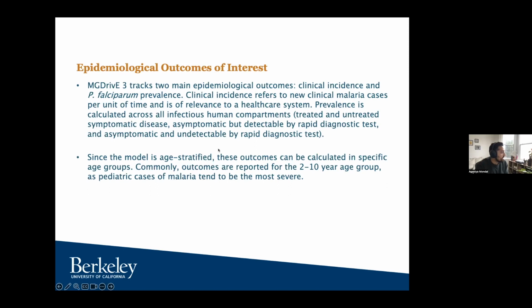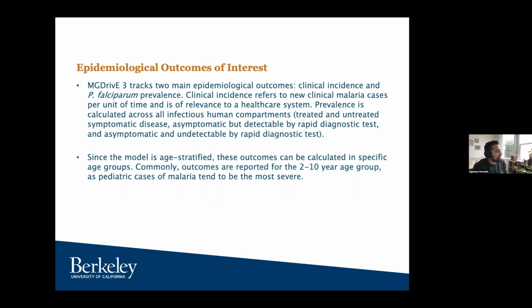And so the previous model just tracked prevalence and incidence using a simple SCIR framework. But here we updated the model to be age structured, so we can calculate outcomes for different age groups, especially the 2 to 10 year age group, which is often reported in malaria studies because pediatric cases of malaria tend to be the most severe.